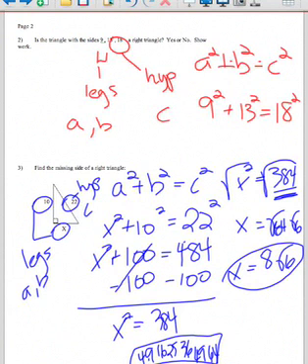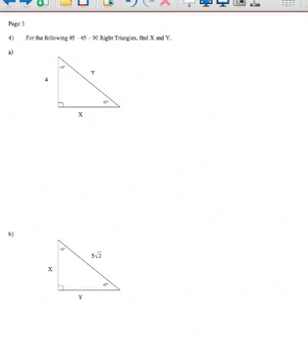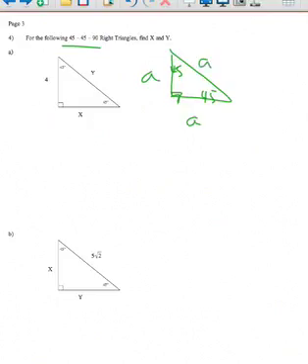Let's go to page 3. Page 3 gives you special right triangles. The following right triangles are 45, 45, 90, which is one of the two special right triangles. In a 45, 45, 90 right triangle, the legs, which we'll notate as A, have a relationship to the hypotenuse, which would be A, the leg, times rad 2.